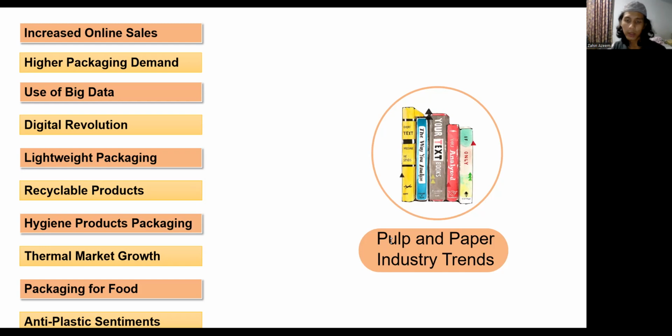Last but not least is packaging for food. Packaging for food seems to be in constant development. From the data that we collect in recent years, there has been an increasing interest in packaging products that are resistant to grease. This type of product is currently used for a wide variety of packaged goods and in restaurants.